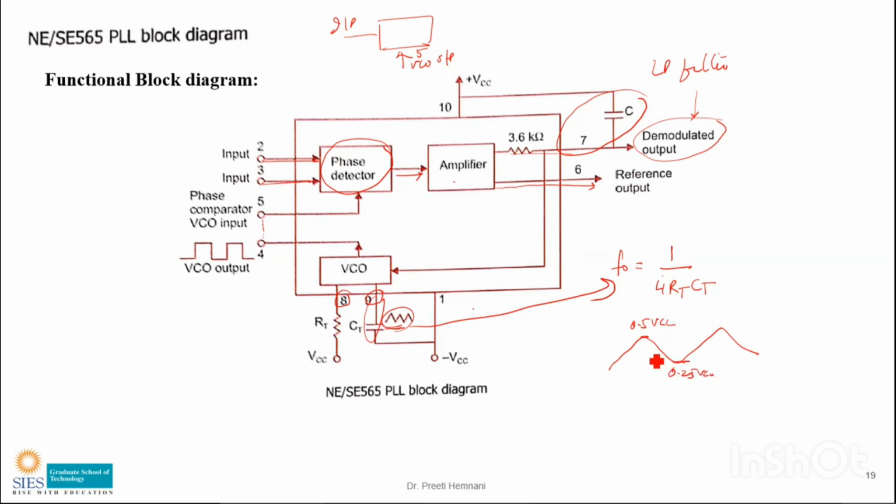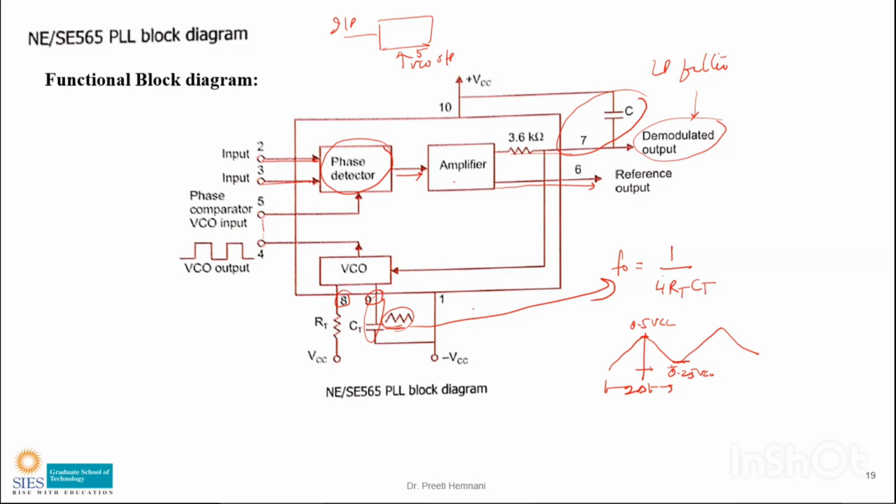We proved the time of this difference, and the total time is 2 del t, and from 2 del t we got f naught. So f naught is 1 by 4 RTCT. This is nothing but the center frequency, which has to be locked with the input. So this is the center frequency at the output of the VCO.